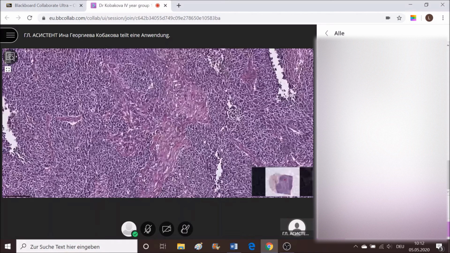Which is this system, a specific one, with scattered cells in between organs, in different organs. This is the amine precursor uptake decarboxylation system, which brings some scattered cells with neuroendocrine function and secretion of specific hormones, majorly somatostatin, which is connected to different regulative functions in the organism. And these cells could give rise to tumors, which finally could look like this.